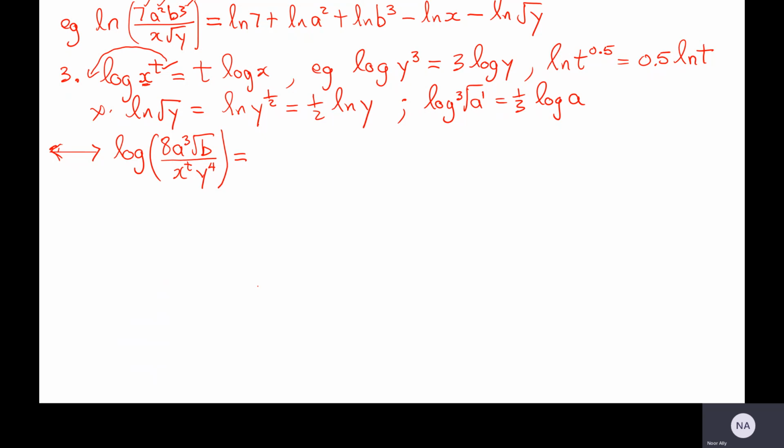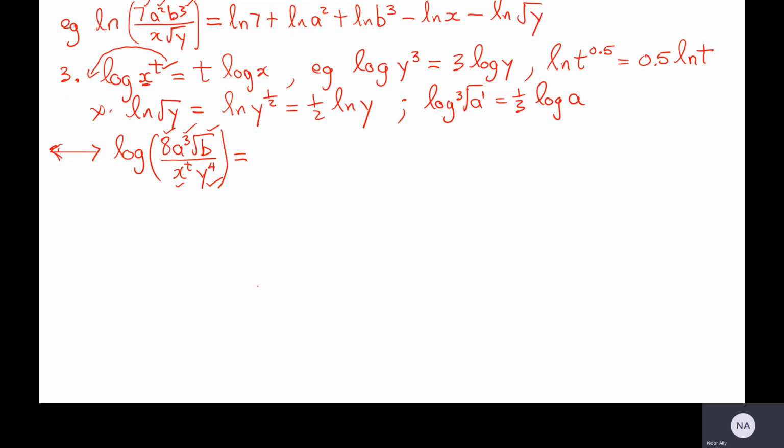So combining all three, 8 is a factor, a cubed a factor, square root of b. But square root of b I can write as b to what power? To the power half. I can separate that and they'll all have positive signs because they're all factors in the numerator. And in the denominator, both x and y will have negative signs.